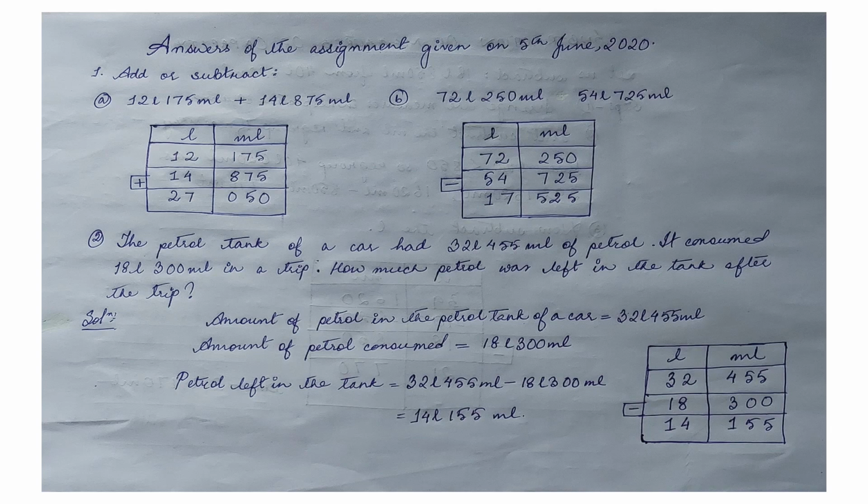Petrol left will be 32 liter 455 milliliter minus 18 liter 300 milliliter. After subtracting, the answer is 14 liter 155 milliliter, means the amount of petrol left in the tank is 14 liter 155 milliliter.